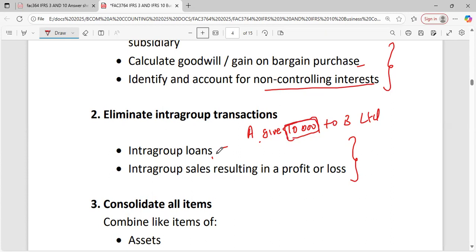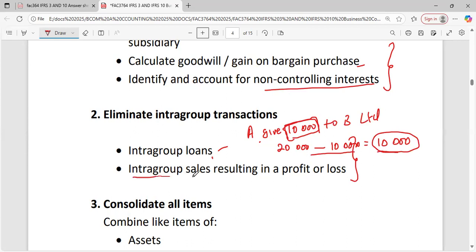So if you had a 20,000 loan balance between the two companies, you have to minus the 10,000, so your consolidated loans will be 10,000 only. That's how you eliminate this intra-group transaction. Before you consolidate the figures, you must eliminate these common items so that you are left with what is not between the group.